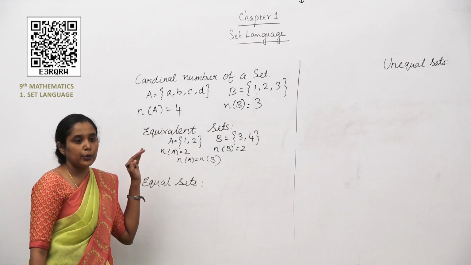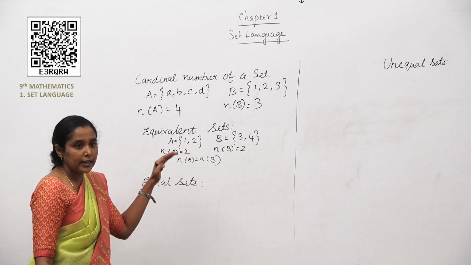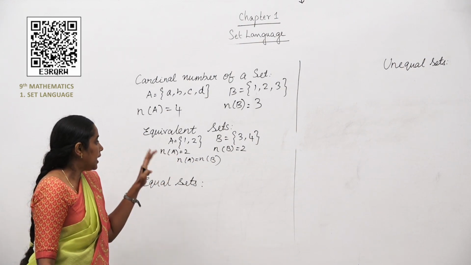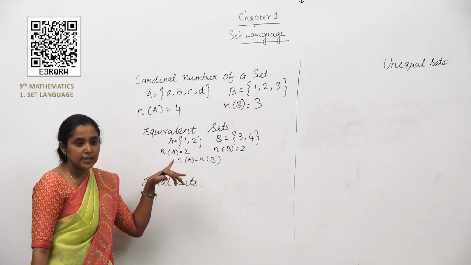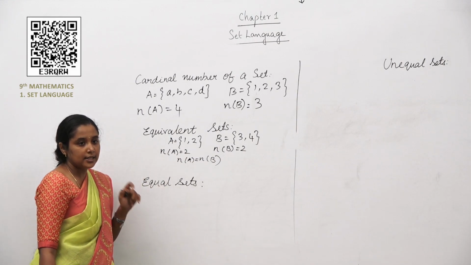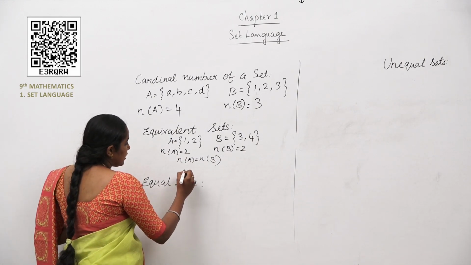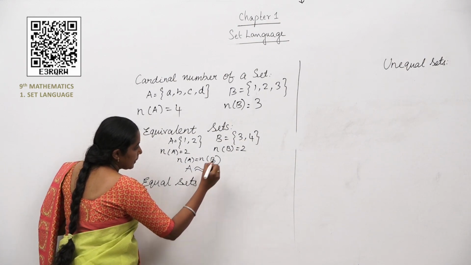From this itself you can say the definition for equivalent sets. Suppose you are taking 2 sets A and B, if the number of elements in the sets is the same, it is called equivalent sets. Equivalent sets are denoted by A is equivalent to B.